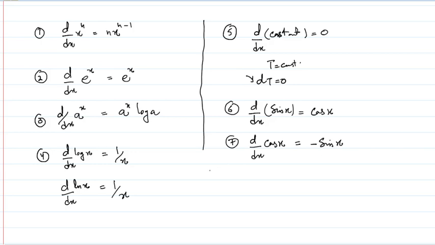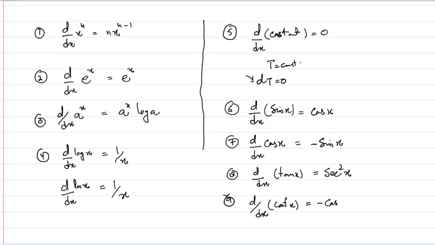Okay, and d by dx of tan x, you have to remember, is equal to secant square x, sec square x, and d by dx of cot x will be equal to minus cosecant square x.